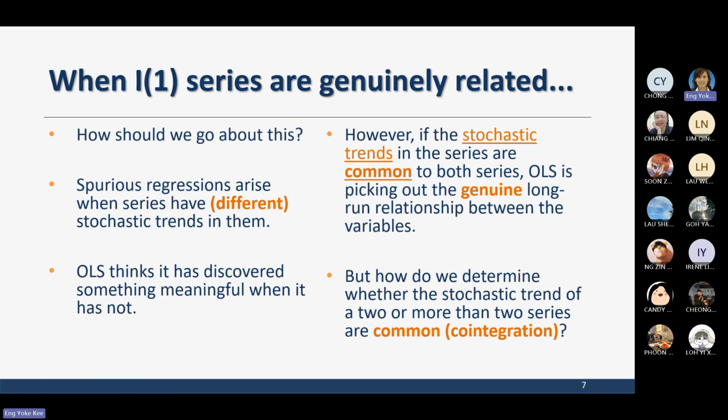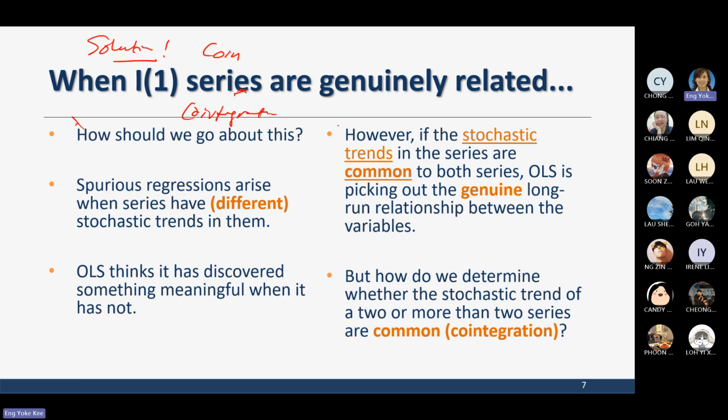All right, so what is the solution? Let's look at the solution here. I'm going to introduce to you a new concept called co-integration that can help you to resolve this problem of finding long-run relationships.